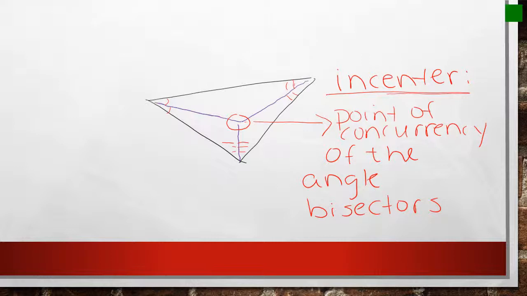And good question for you, do they always meet in the middle? Yesterday, when we had our perpendicular bisectors, they could actually meet outside, huh? So a good thought for you guys to think about. So we have our angle bisectors, and they meet right here. We call that point of concurrency the incenter. Okay? All right, so let's go to the next slide.